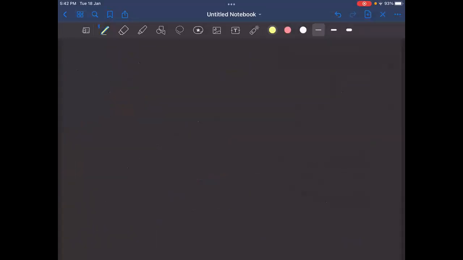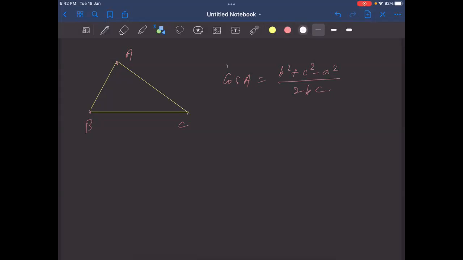If I talk about the cosine rule, so what is cos A? Cos A is b square plus. Is it called a cosine rule in a triangle? बोलो.